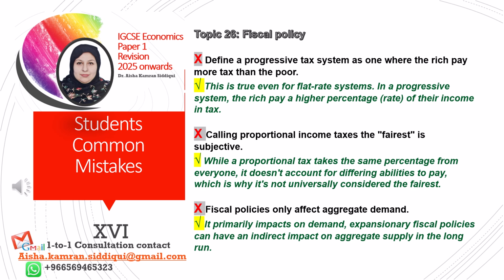Second, calling proportional income taxes the fairest is subjective. While a proportional tax takes the same percentage from everyone, it doesn't account for differing abilities to pay, which is why it's not universally considered the fairest.